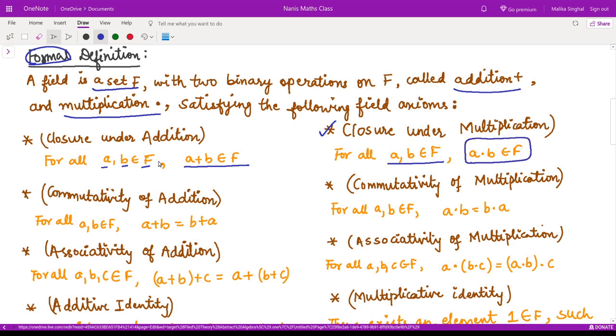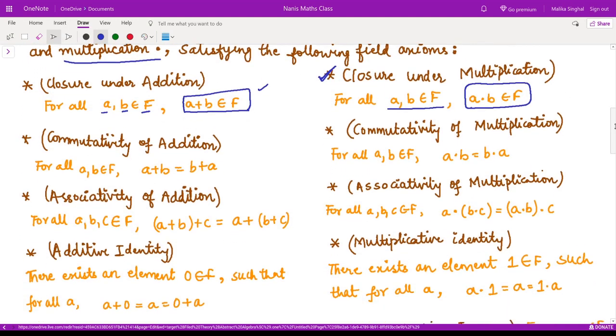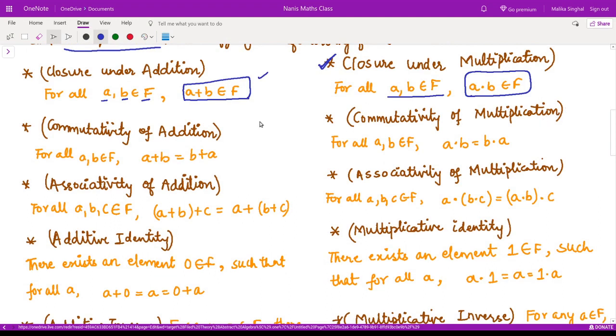Basically, these two properties are intuitive because we are saying that addition and multiplication are the two binary operations on F. That means these come under the definition of binary operations, so we do not need to define them explicitly, but for the sake of completeness, let us write these two also, right? So now let us move on to the next properties.